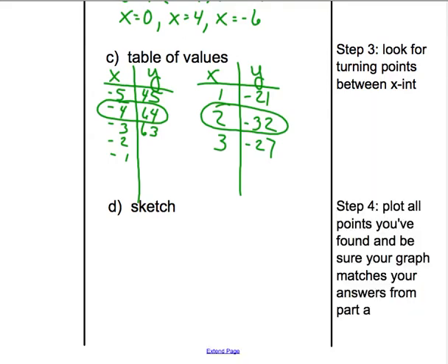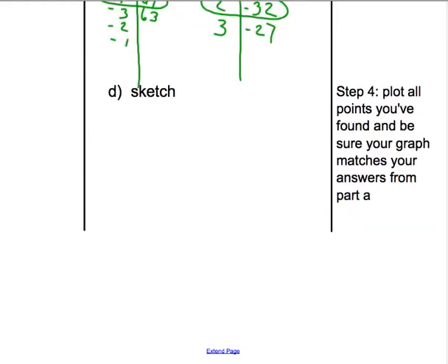And then finally, we're going to plot all of the points that we found and put them all together on a graph. The reason I didn't already have a graph here is because you can see our turning points are at -32 and +64, so when we sketch, we might scale our axes quite a bit differently.